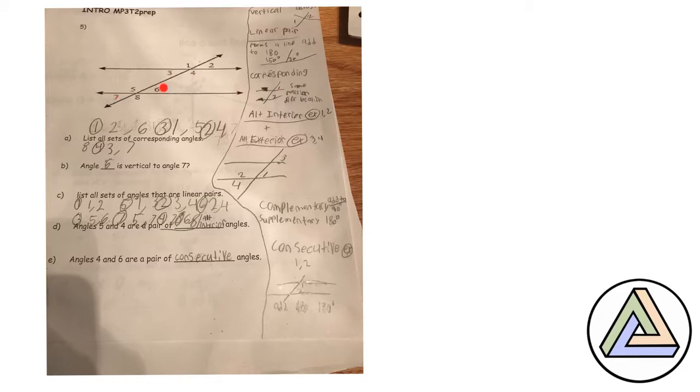So let's just analyze 6 and 2. It's corresponding because it's on the same side of the transversal, and they are of equal angle measure, where one is on the interior of the parallel lines, and the other one is on the exterior of the parallel lines. So that's corresponding.